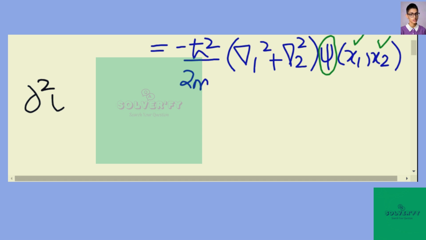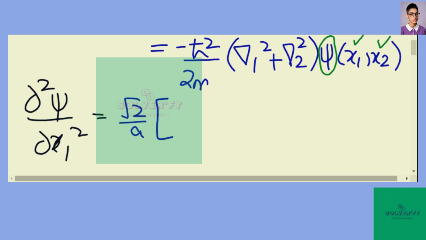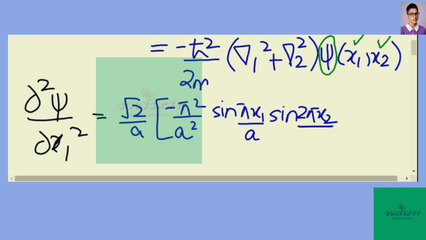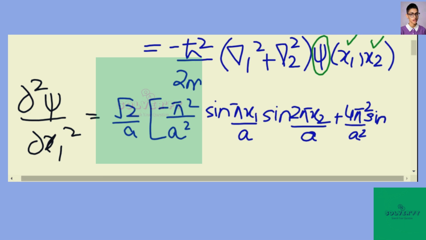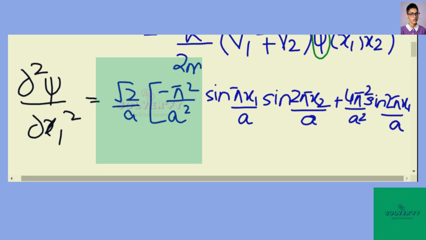We have the second partial derivative of the wave function with respect to x1 squared, which is equal to root 2 divided by a, square bracket, negative pi squared divided by a squared times sine pi x1 divided by a sine 2 pi x2 divided by a, plus 4 pi squared divided by a squared times sine 2 pi x1 divided by a, multiplied with sine pi x2 divided by a, square bracket closes.